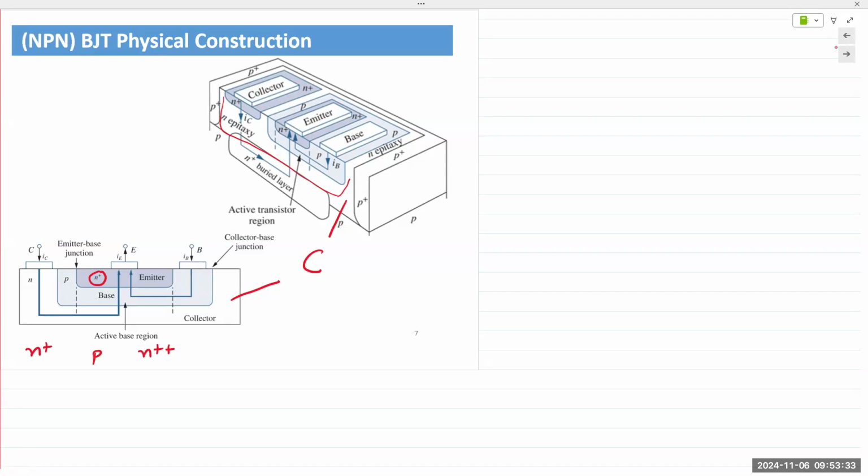The P-type region that forms the base is lightly doped. The N plus is more heavily doped compared to the P region, and the N plus plus is even more heavily doped than the N plus region. So the plus signs are just visually indicating the level of doping in those regions. Make sense to everyone?